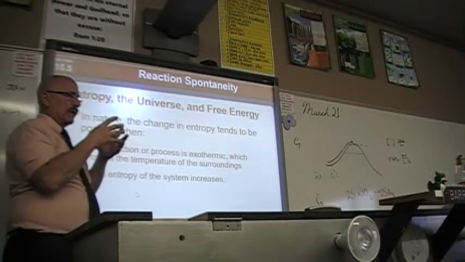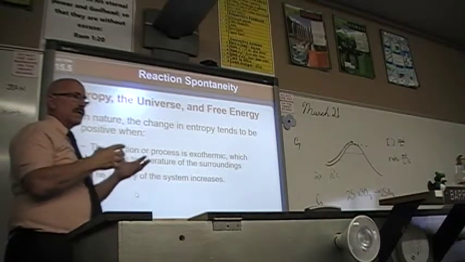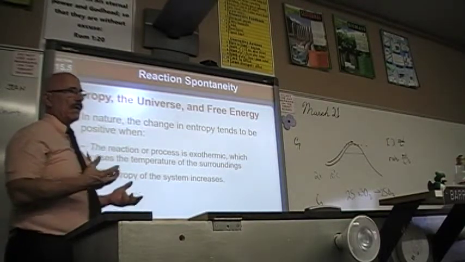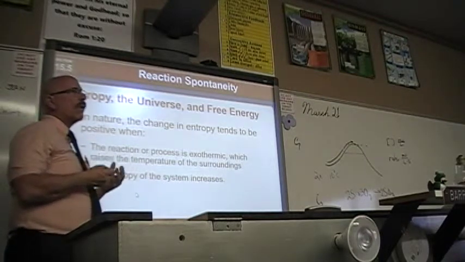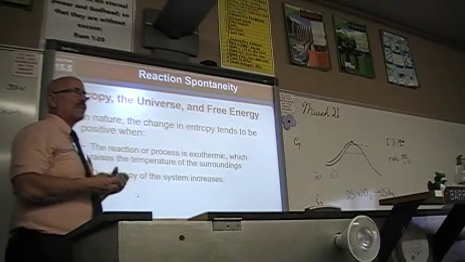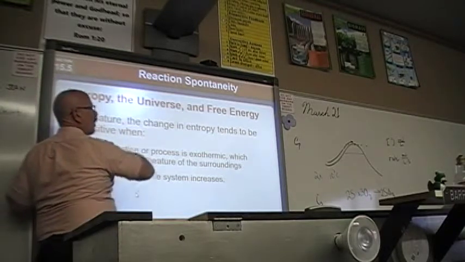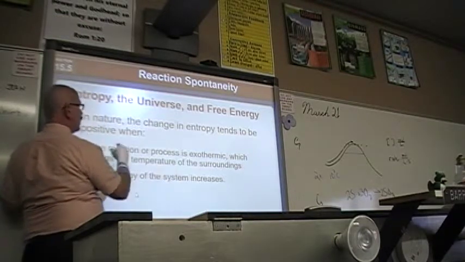When a tree dies, what happens? Tips over, starts to rot away. The cells start to break down. The carbon starts to break down. The wood, the cellulose starts to break down. It becomes more random. It becomes more disordered. So, entropy is always increasing in nature, in the universe.